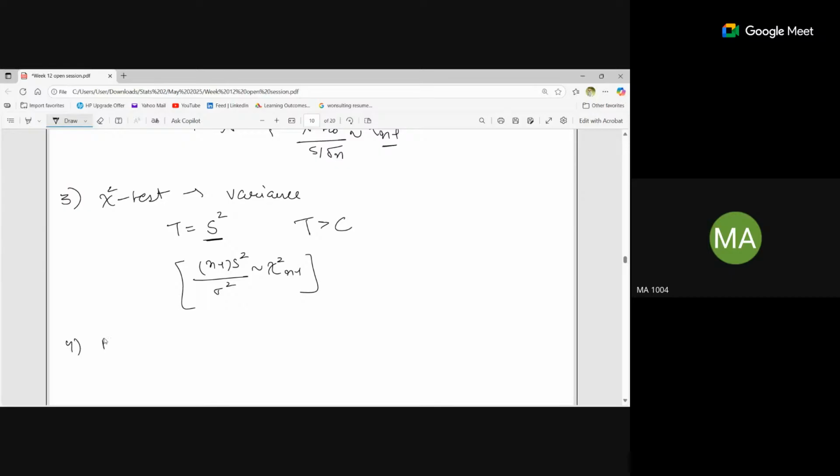Now we have the F test. When do we use the F test? This is also for the sample variance, but if we have two samples. Here my T would be Sx square divided by Sy square.